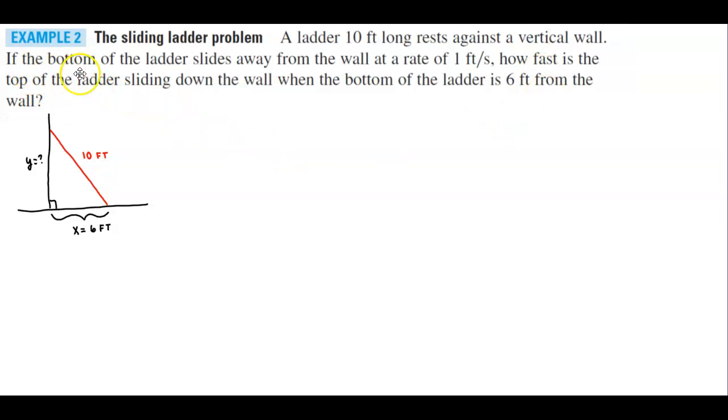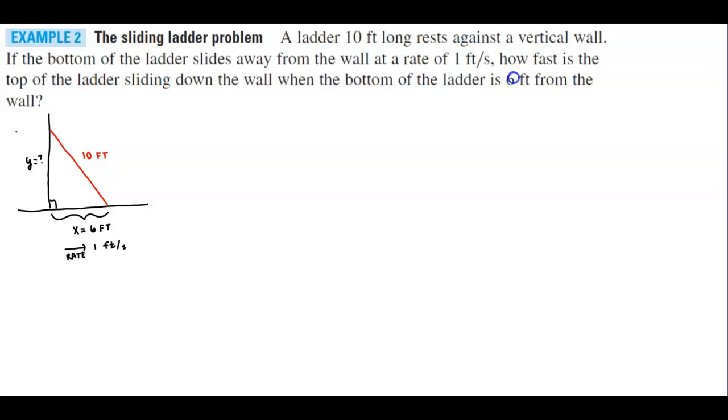Now, the bottom of the ladder is sliding away from the wall at a rate of 1 foot per second, so that means it is sliding at 1 foot per second. And what we want to know is how fast is the top of the ladder sliding down the wall when the bottom of the ladder is 6 feet from the wall.